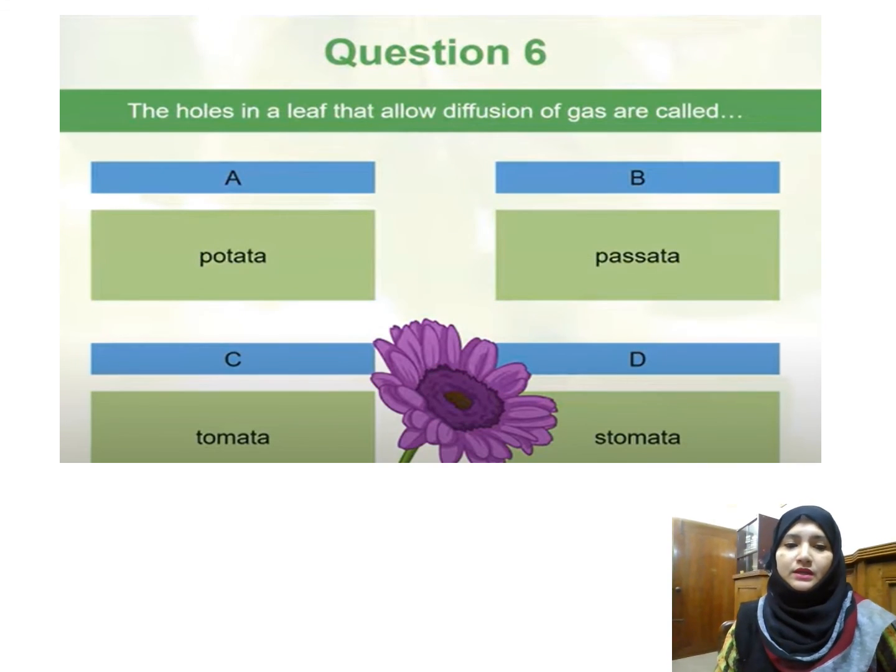Now, the holes in a leaf that allow diffusion of gas are called: potota, passata, stomata, or stomata. The right answer is stomata. The holes in a leaf that allow diffusion of gas, that means carbon dioxide and oxygen and water vapor, these holes are known as stomata.